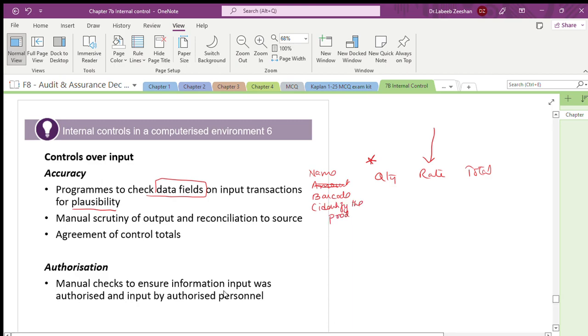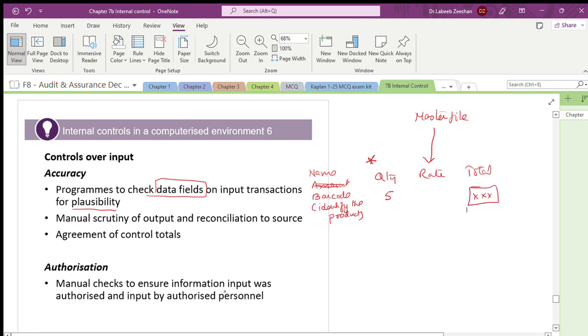We are talking in terms of accuracy. We will only input quantity 5. Automatically the rate will be accessed from the master file, and automatically the total will come.